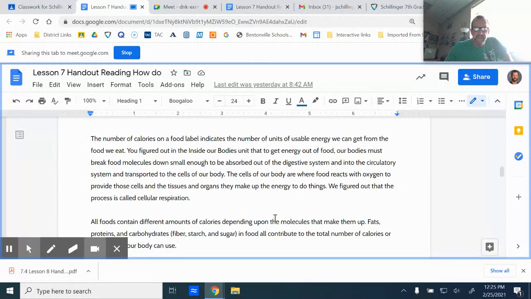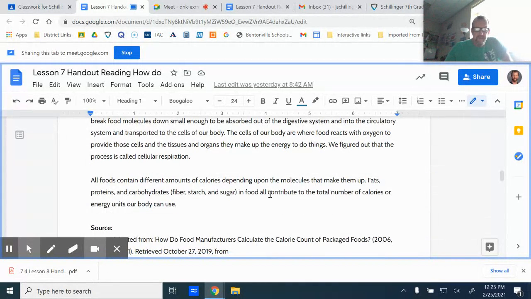All food contains a different amount of calories depending upon the molecules that make them up. Fats, proteins, carbohydrates, fibers, starches, and sugars in food contribute to the total number of calories or energy units in our body.